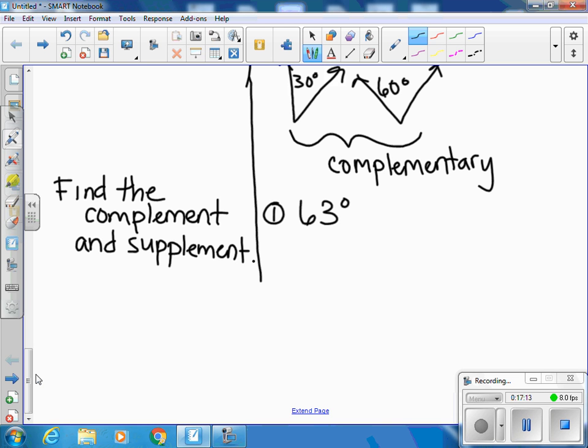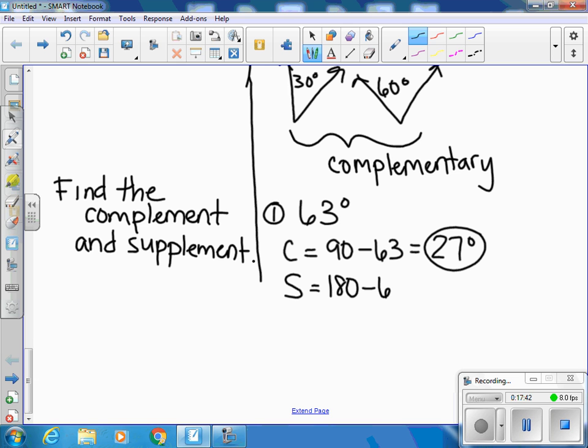To find the complement, remember the magic number is 90, so you would do 90 minus 63, and the complement of 63 is 27 degrees. Because 63 plus 27 gives us our 90. Now for the supplement, the magic number is 180. So you start with 180, subtract the 63, and you get 117 degrees. That's the supplement, because 63 plus 117 is 180.